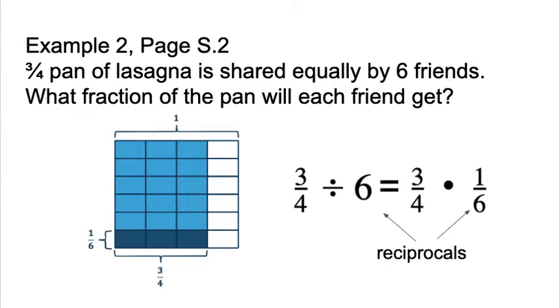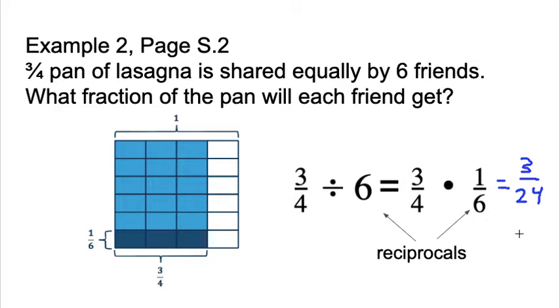And as we just perform that multiplication, we end up with 3 times 1 is 3, and 4 times 6 is 24, and that one will simplify down.